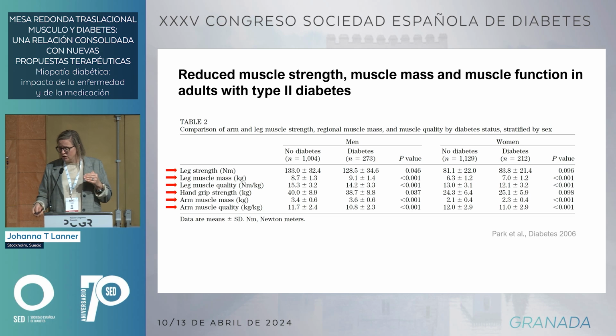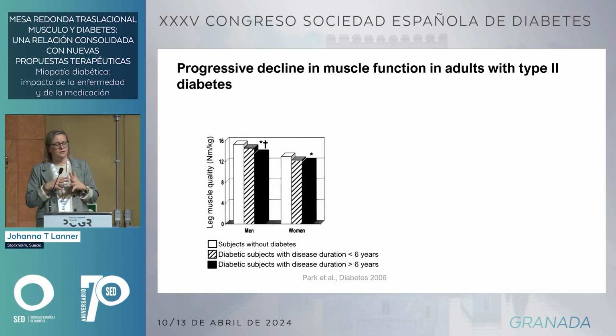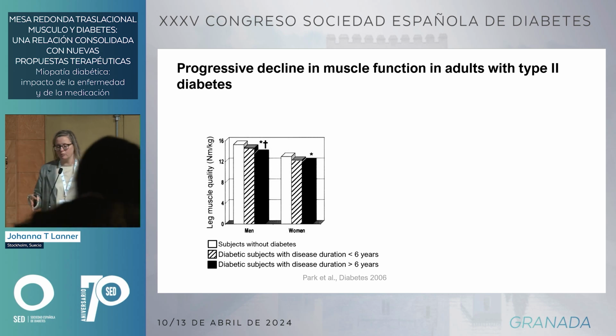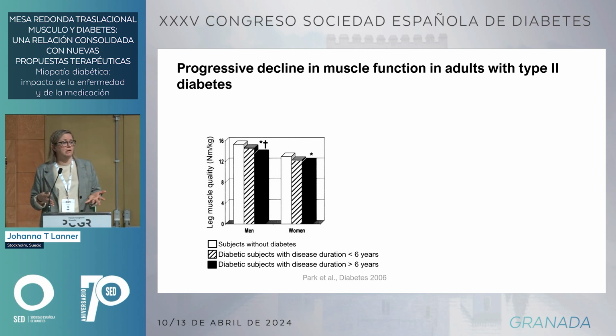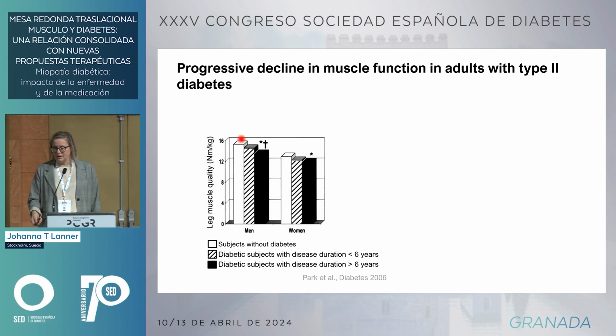And this is in a large population of at least about 300 diabetic patients that they measured. They measured both the legs and the arms, and they saw the same thing. But what was also interesting in this paper is that they stratified by how long they had had the disease. You saw the same thing in both men and women.